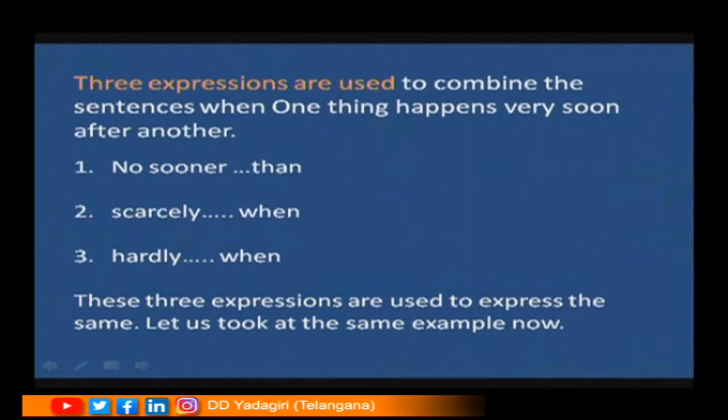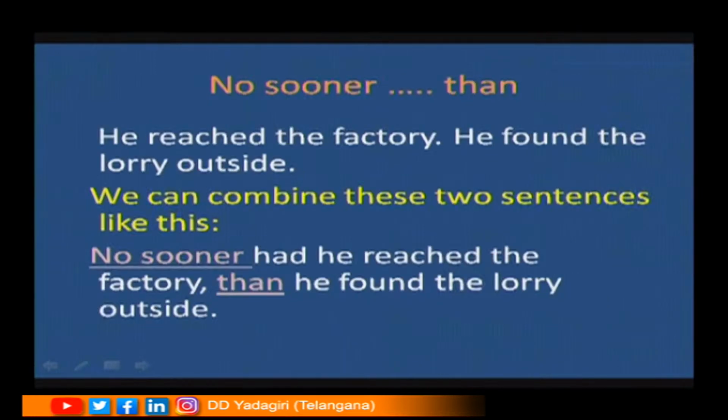Let us look at the example now. He reached the factory. He found the lorry outside. We can combine these two sentences like this. No sooner had he reached the factory than he found the lorry outside.